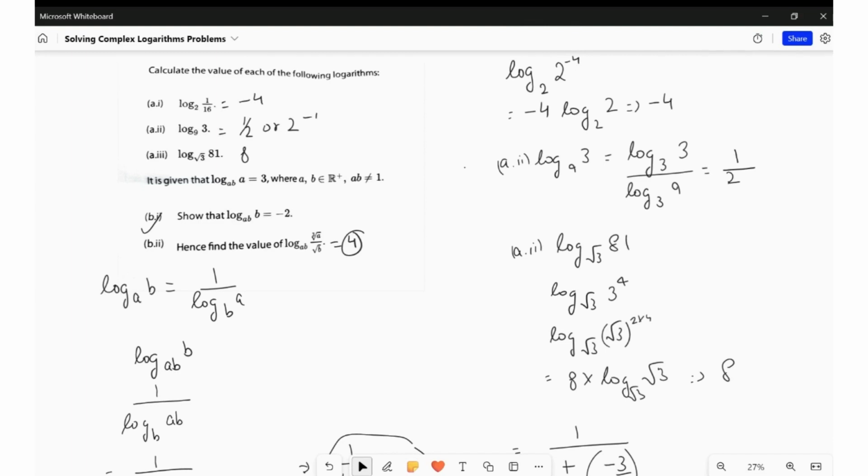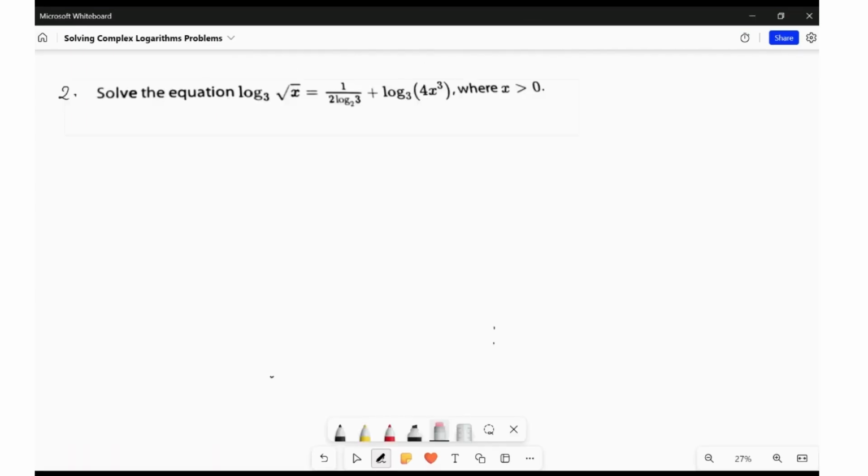Now we'll look at the next problem. For the next problem, we have a logarithmic equation. In the equation, focus firstly on whether the bases of all the logs are the same. In this problem, 3 is a common base in all, but in the middle expression, 1 by 2 log 2 base 3, we don't have base 3.